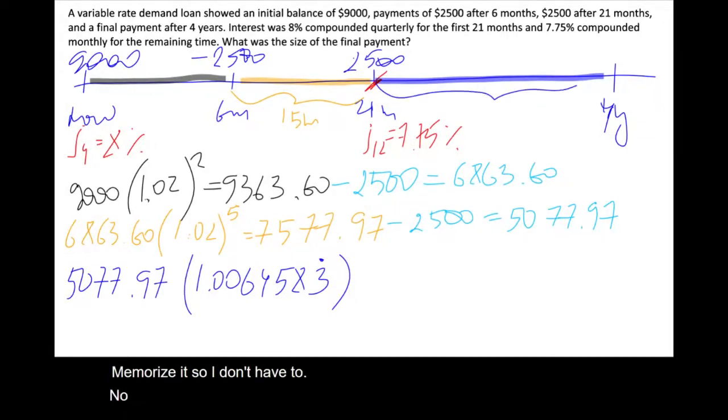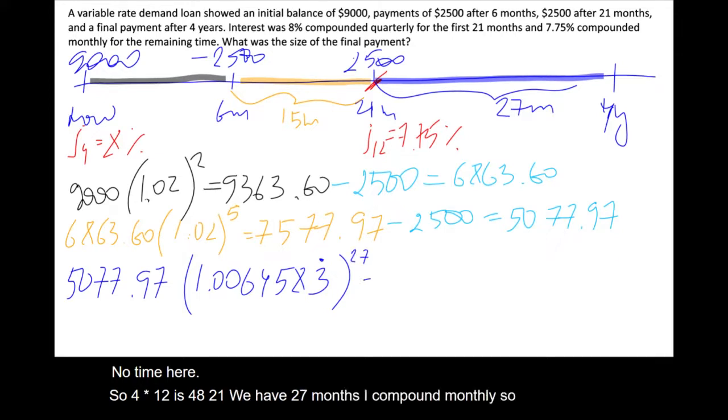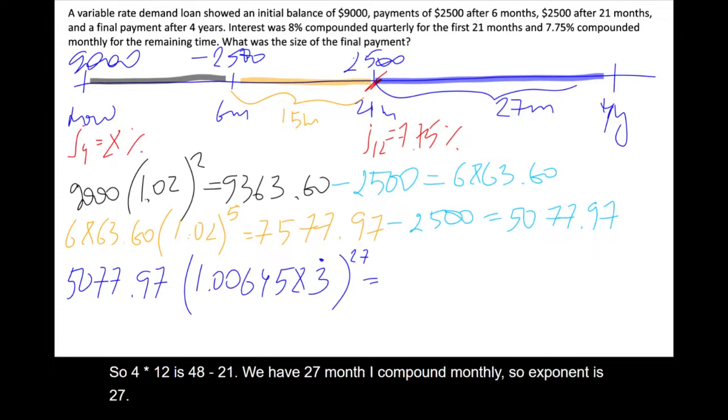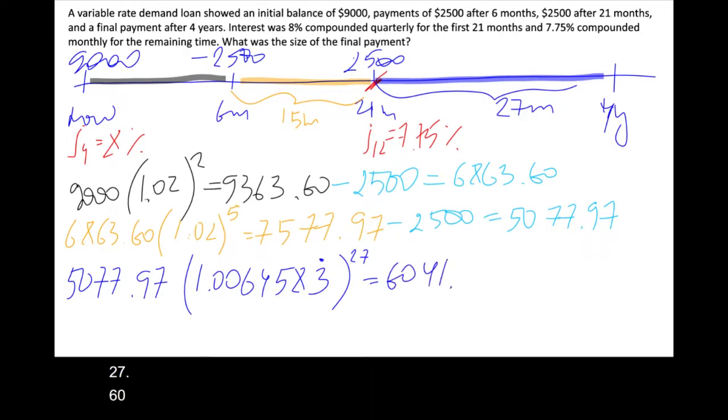Now time here. So 4 times 12 is 48 minus 21. We have 27 months. I compound monthly, so exponent is 27. So 6,041.95. That's the final answer.